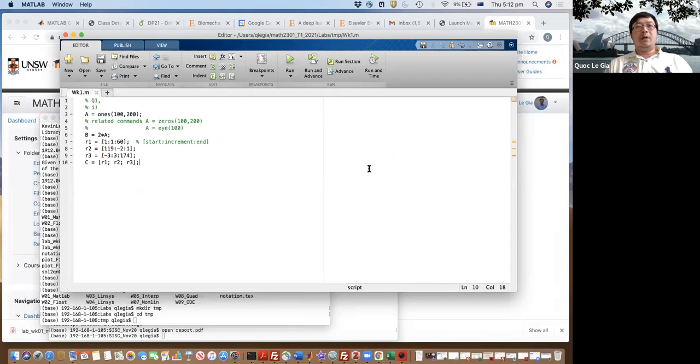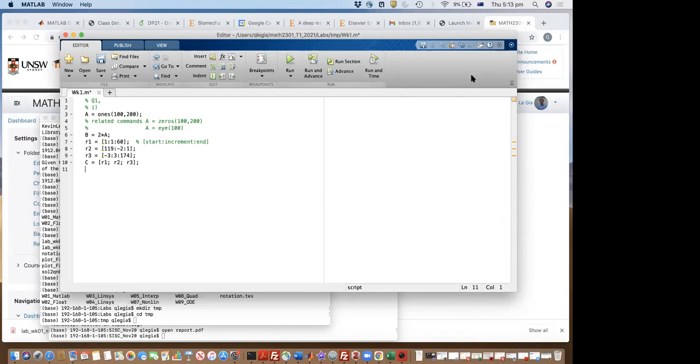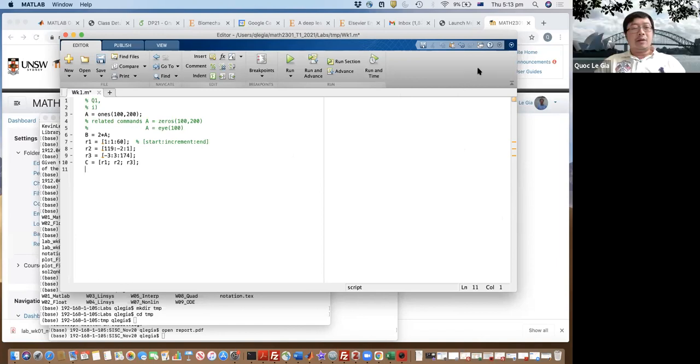Can anyone tell me what the pattern is for the matrix D? You can unmute and say something, or you can put it in the chat box.